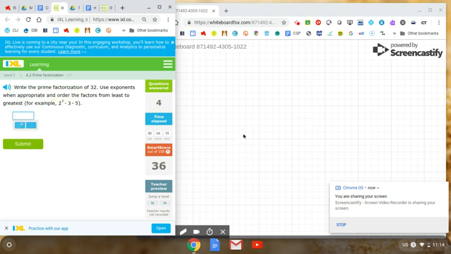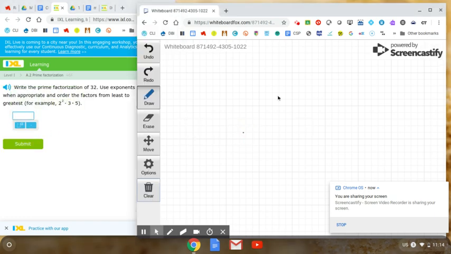Next one, so we have 32. So we need to think about what is 32. We can start with 2, right? So we divide it by 2, you have 16. And now let's try it. 16, you would divide it by 2, we have 8, right?